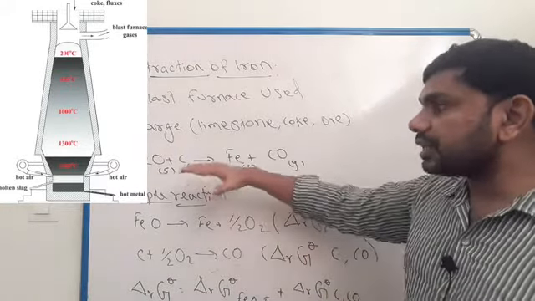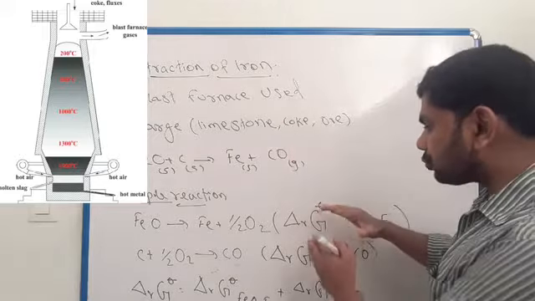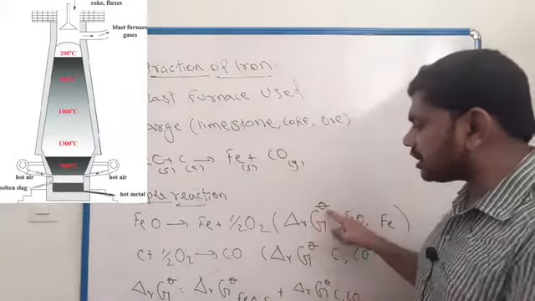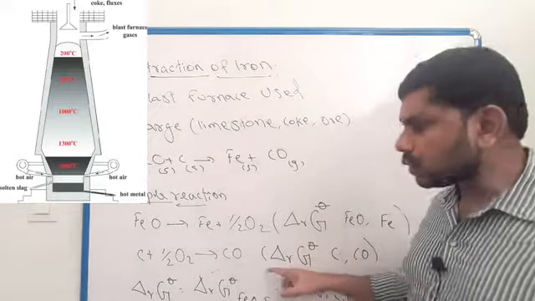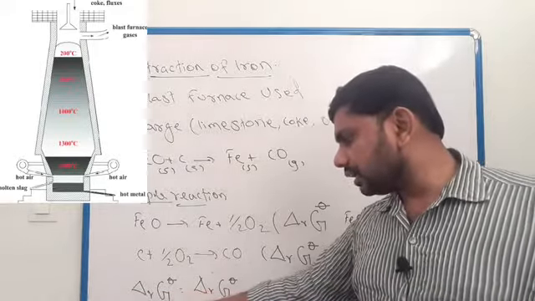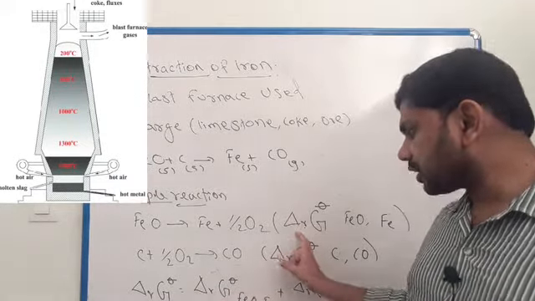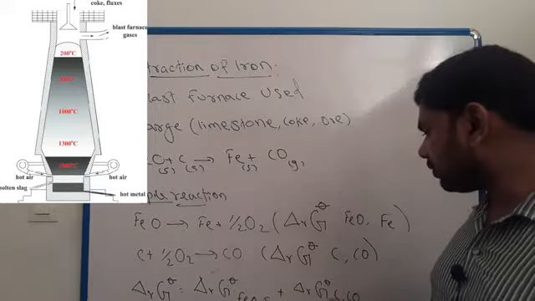So the free energy change for the overall reaction will be the free energy change of the first reaction plus the free energy change of the second reaction.